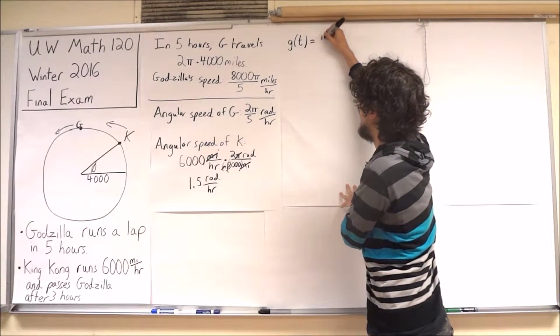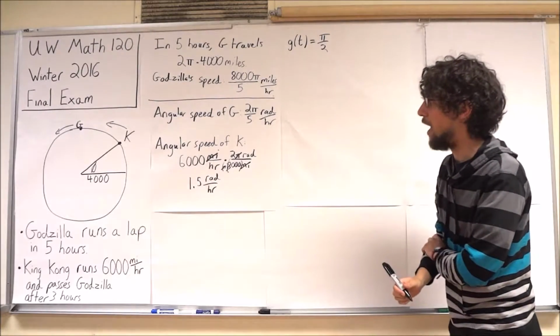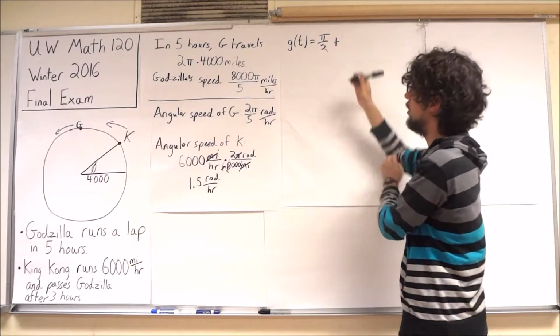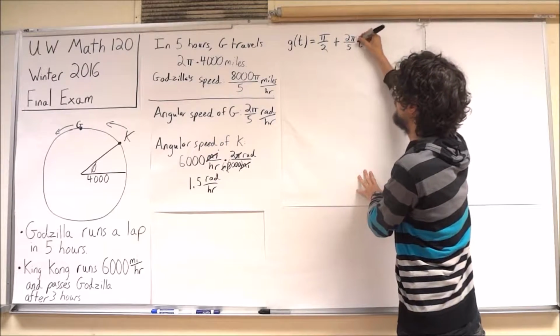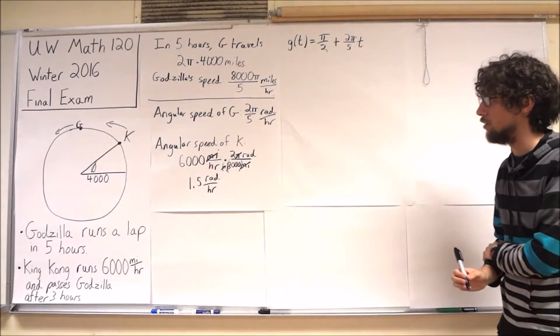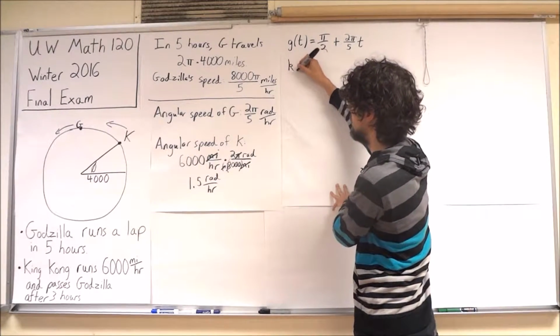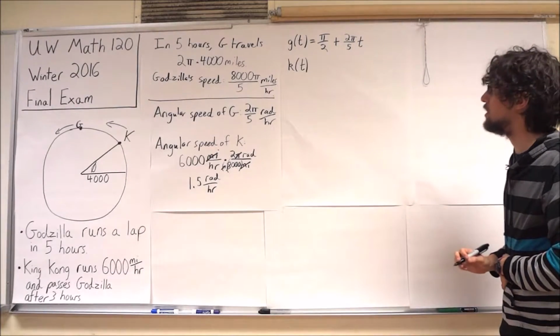Godzilla starts at pi over 2, and then each hour, Godzilla travels 2 pi over 5 radians. And I'll use little k to represent King Kong's position as a function of t.